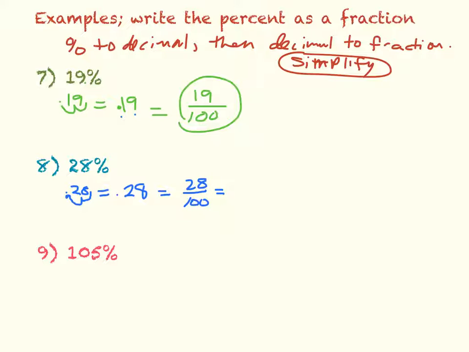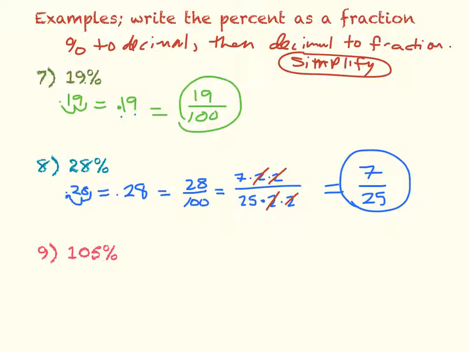If I factor out, I have 7 times 2 times 2 over my 100, which would be 25 times 2 times 2, and then I can simplify here, leaving me with a final answer of 7 over 25. And that would be your final answer.